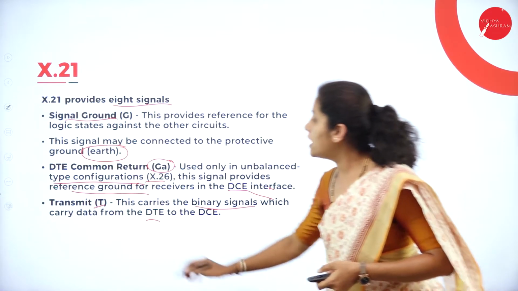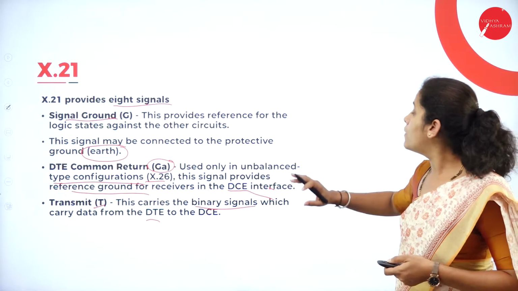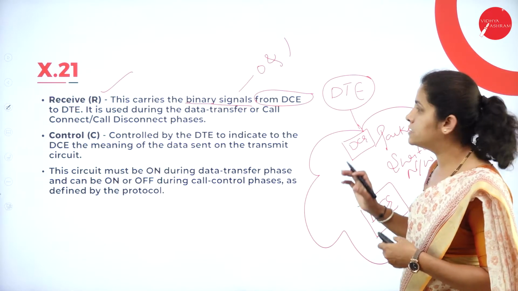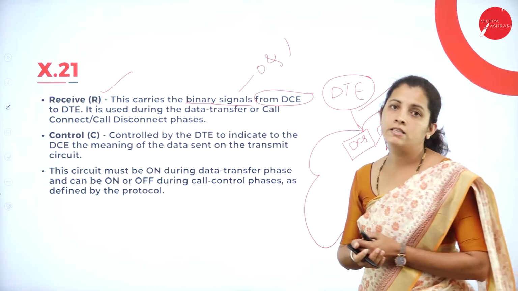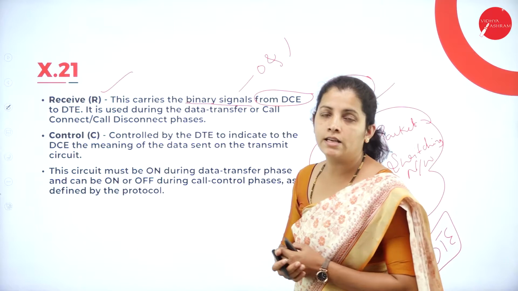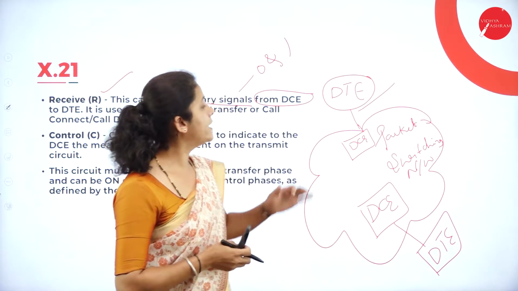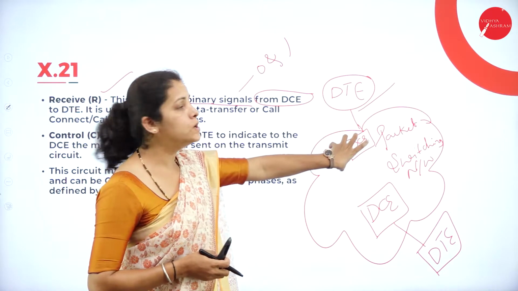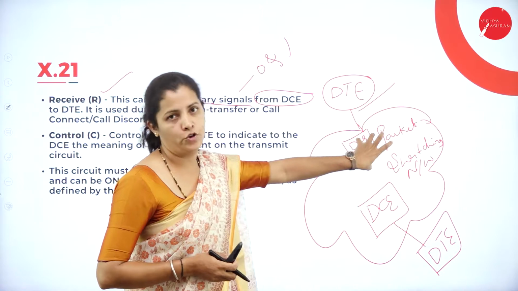So in transmit, this carries binary signals. That means whatever the data is, the DTE carries binary data. Binary data means 0s and 1s, and that is given to the DCE, that means data connection equipment.